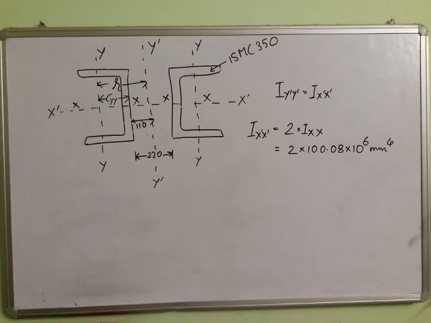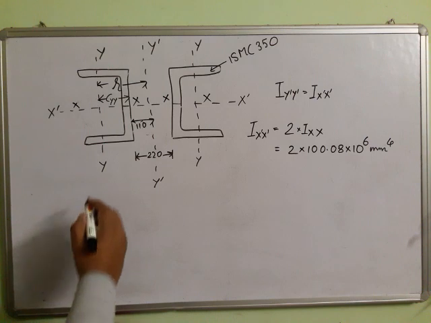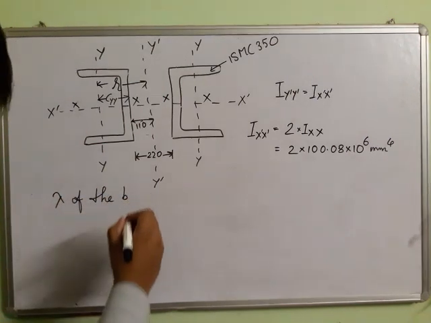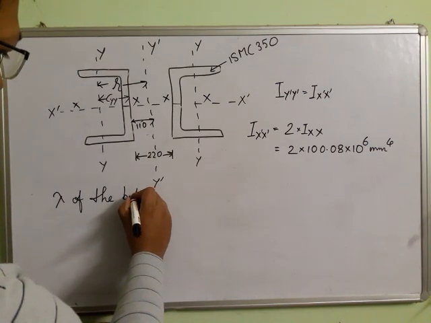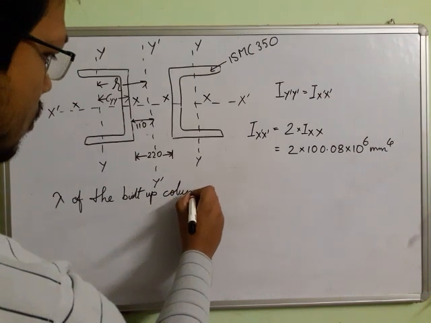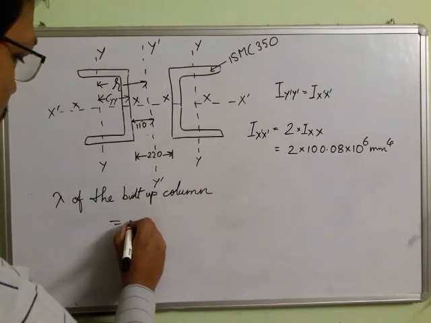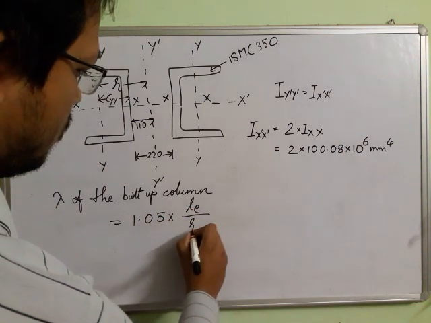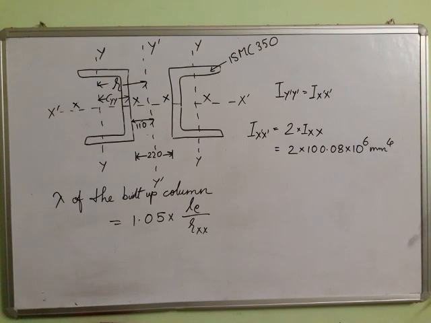Now the next step is to find out the slenderness ratio of the built-up column. It is generally taken as this, the standard procedure.